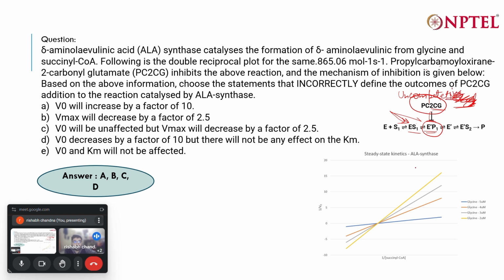Now if we see the double reciprocal plot of this particular enzyme kinetics, we can see that the V max is not changing, right? And the Km is basically being affected by the glycine concentrations, at the different glycine concentrations that we are using.